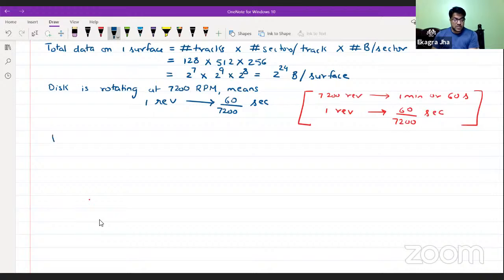So let me put it this way: in one revolution, a read write head can read the data from one track.